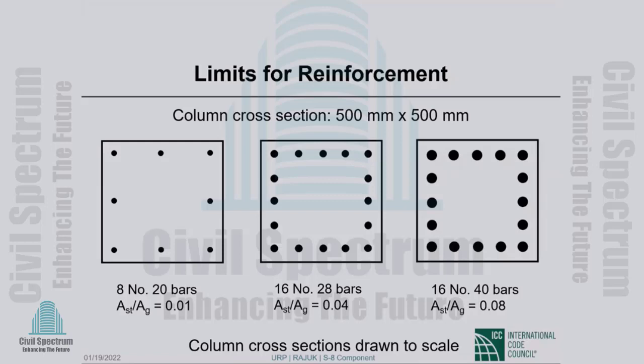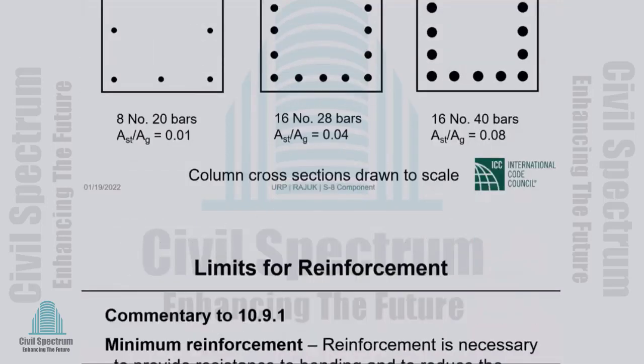So if you remember one thing out of this entire session on columns, it should be do not cram too much reinforcement in your column. 3% is already high. 4% is way too much. Okay, the best columns again are the ones with 1.5% reinforcement. All columns cannot have that. Remember, you are designing column stack. Some columns will have more, but your aim is never to go to 4%.